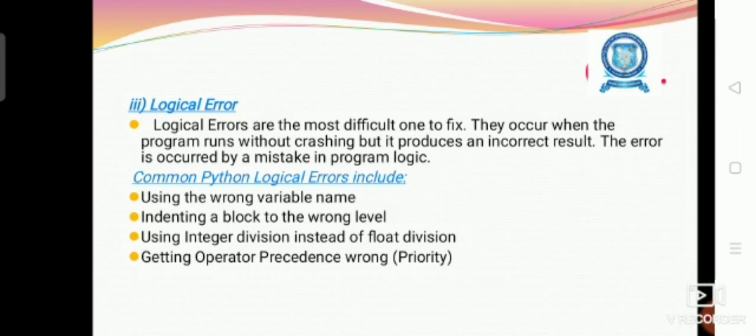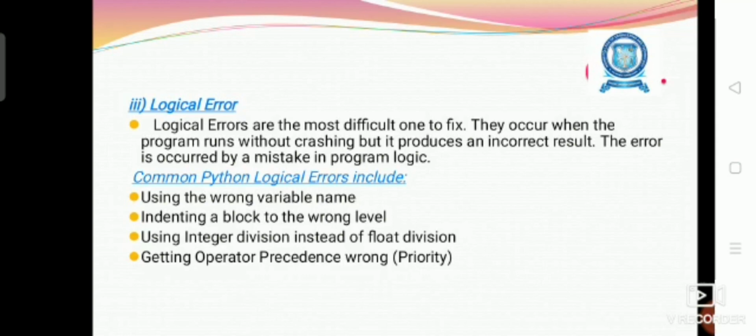Okay, so the common Python logical errors include using the wrong variable name, indenting a block to the wrong level, using integer division instead of float division. Okay, getting operator precedence wrong. While we are applying the operator precedence in the wrong manner, the calculations will not be performed in the correct order.